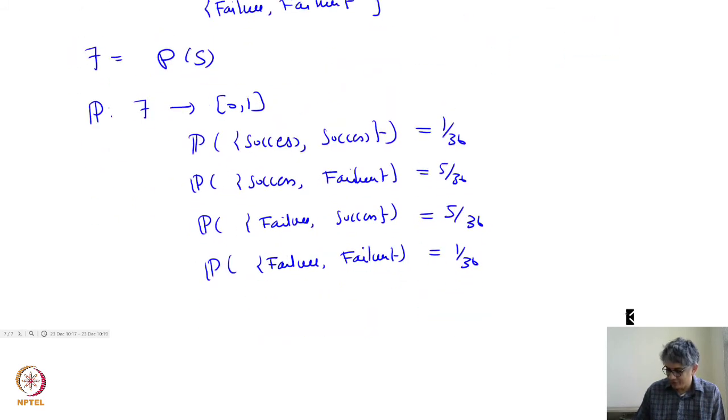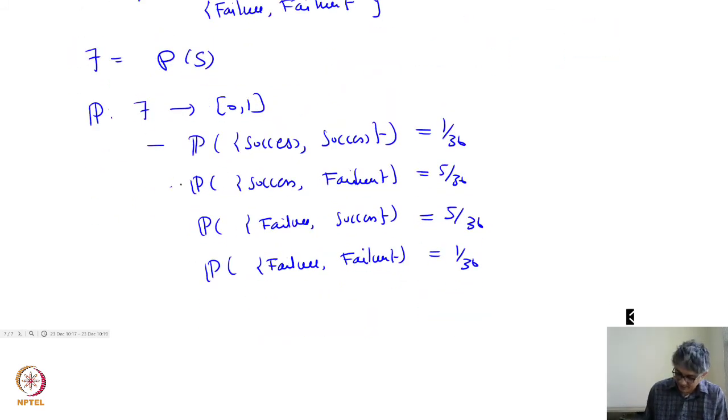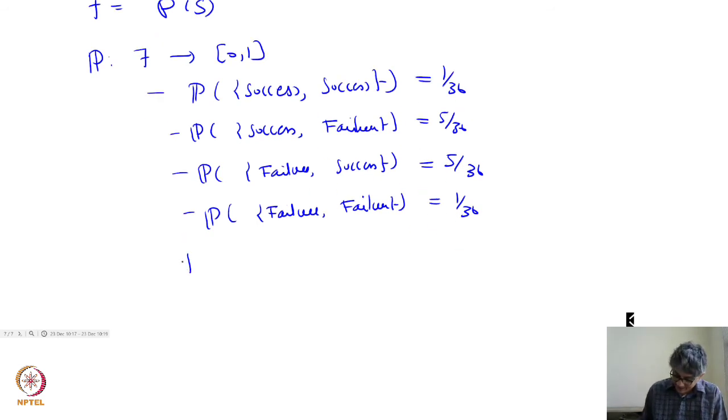And that's enough to give probability, because once I know the probability of every outcome, the probability of any other event A is just going to be the sum over all omega in A of probability of omega.